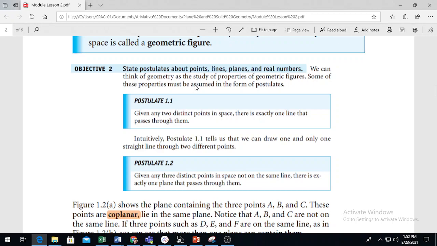Intuitively, postulate 1.1 tells us that we can draw one and only one straight line through two different points. So that is postulate 1.1.